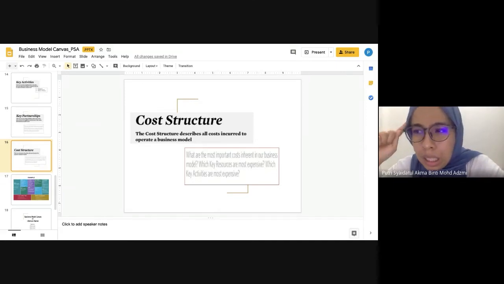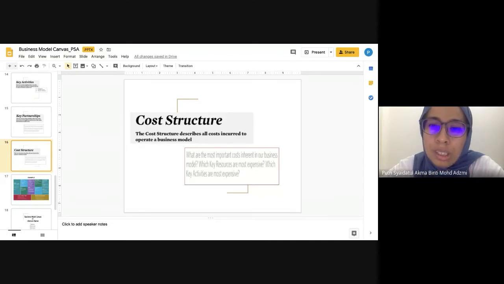You must start to look at which are the most expensive costs for your key resources or key activities. Some ventures or businesses will have no choice but to put very heavy emphasis on marketing, and therefore their marketing costs will be very expensive.